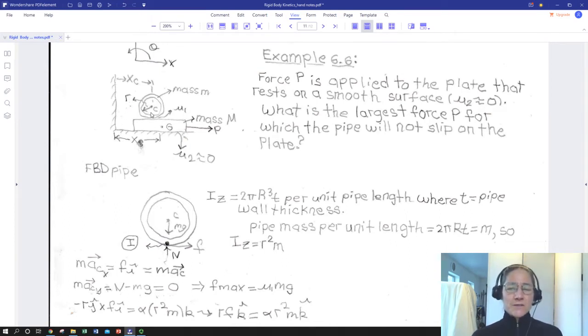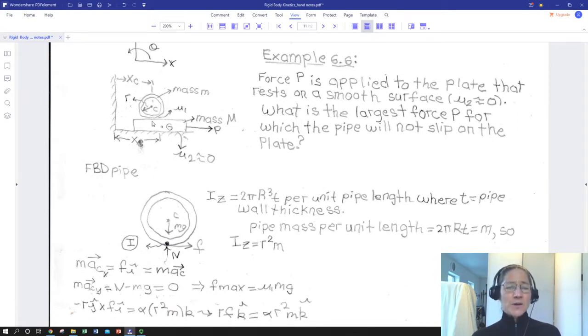So we're again looking for some criteria of slipping, some criteria of motion that we don't want to have happen. So again, we're going to be looking for some characteristic of the frictional force through mu1 and this force P. And of course, P is being applied to a different rigid body than our cylinder.